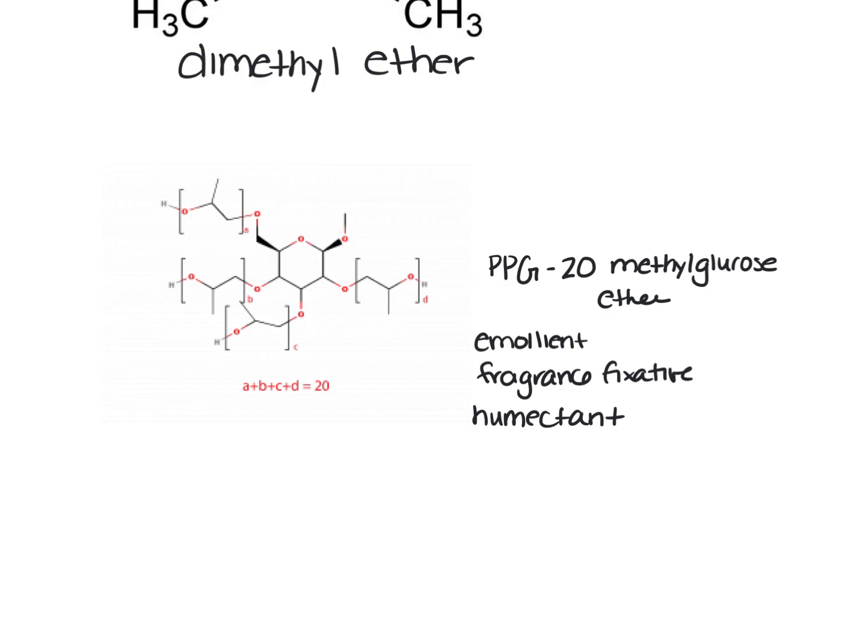So that humectant part is going to hold and attract water, and so it's going to be very moisturizing for the skin and hair. And then the emollient part here is going to soften and smooth skin and hair.